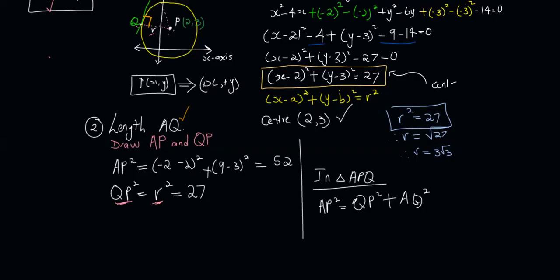So when you look at AQ on the diagram, it is the line which is represented by the tangent, right? So you can basically rewrite this as AQ squared equals AP squared minus QP squared.